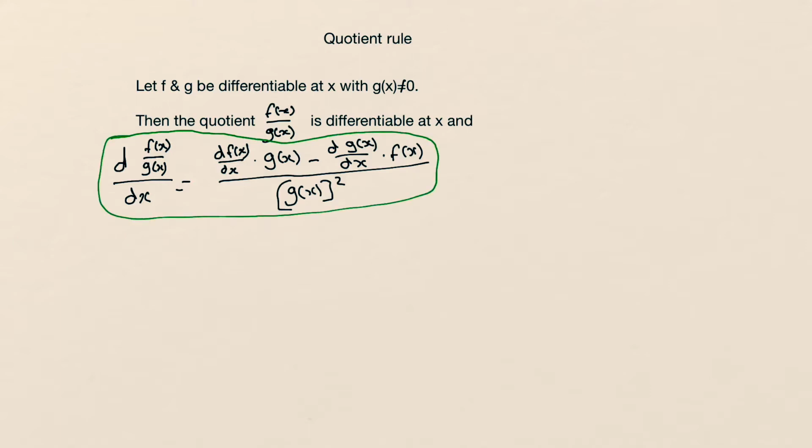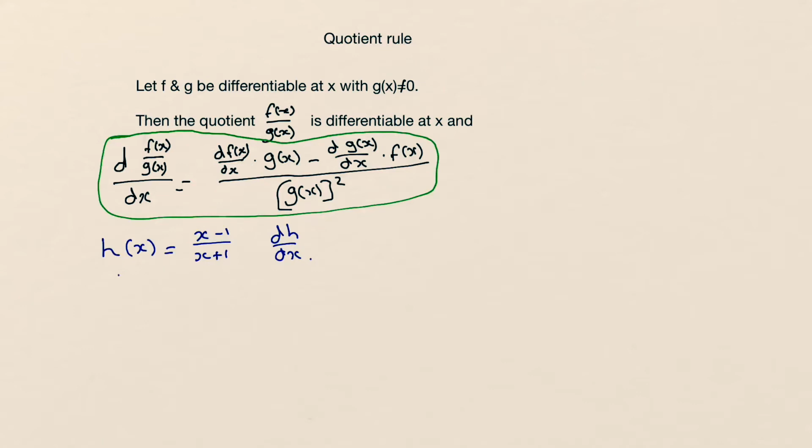So we're going to go on to an example now, and that example is going to be that we want h(x), another function, equal to (x minus 1) divided by (x plus 1), and we want to find dh/dx.